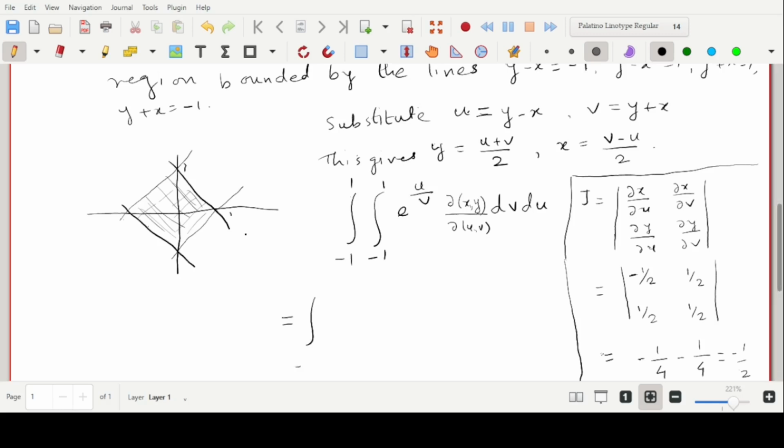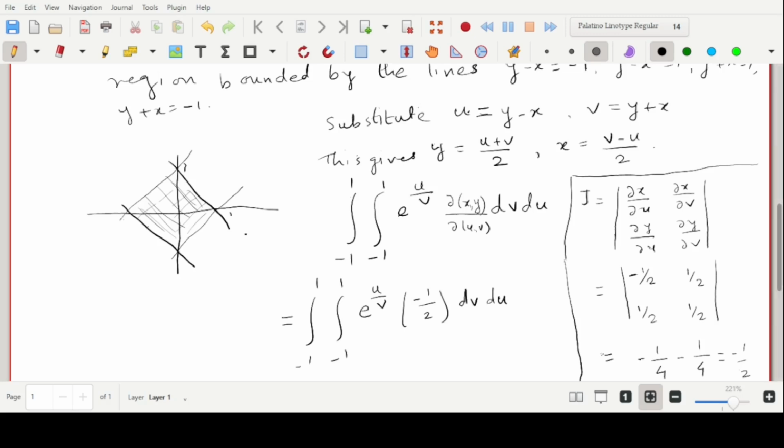Okay, so what is it? Let us compute. e to the power u over v, times -1 over 2, dv du.